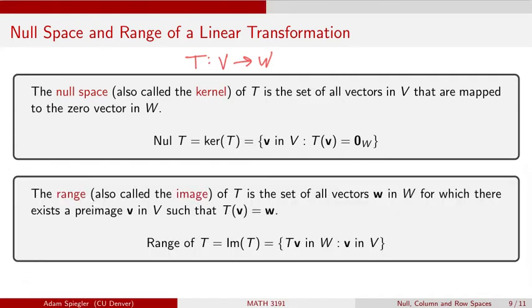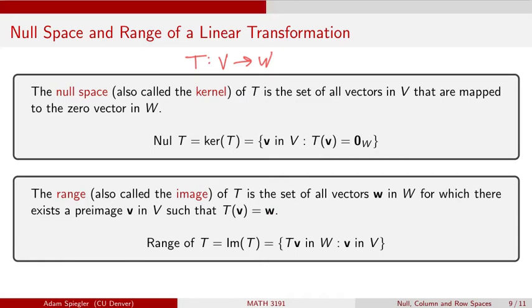And if we want to think about the range of this map, then the range, also called the image of this linear transformation T, is the set of all vectors w in the codomain for which there exists some vector v in the domain for which v gets mapped to w.